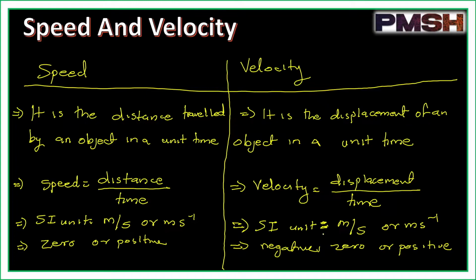Because displacement can be negative, right? When you divide a negative quantity by time, time can never be negative because it is a scalar. Time is a scalar quantity, so it is always a positive value. So when you divide a negative displacement by a positive time, you can have a negative velocity. So the velocity can be negative, 0 or positive.